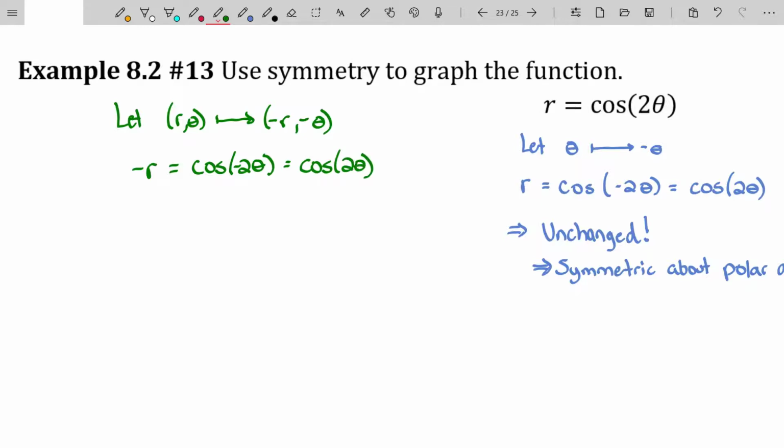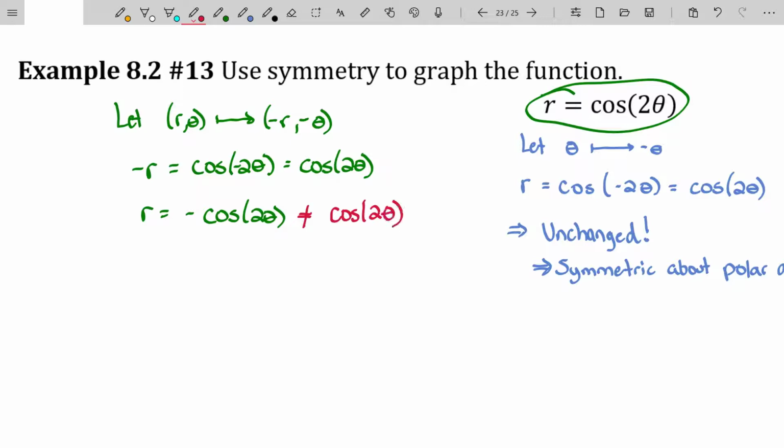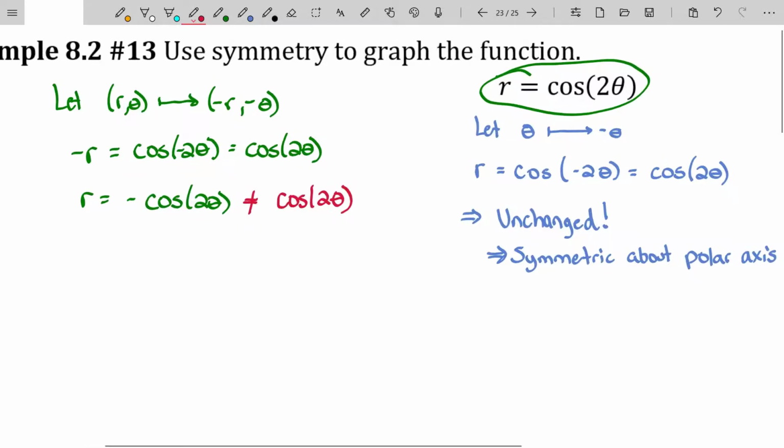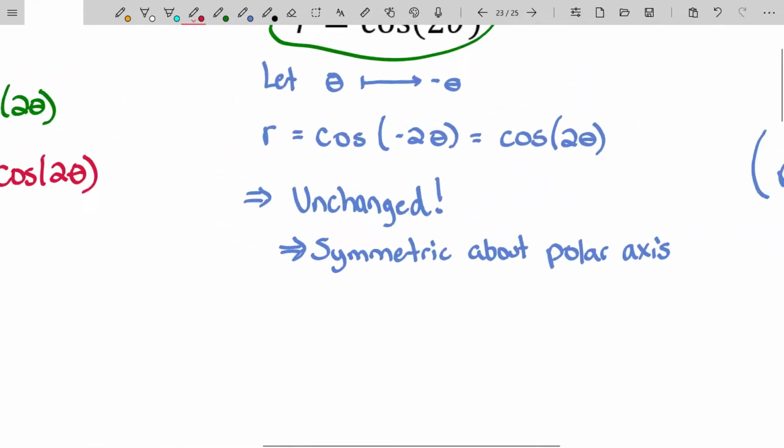Then you would multiply both sides by a negative because you want r is equal to, but you would get r is equal to negative cosine of 2 theta, which is not equal to cosine of 2 theta. Well, we can't say it's not symmetric about the line theta equals pi over 2. We just can't apply that theorem. So this says nothing. We can't assume it's symmetric about the line theta equals pi over 2, but we definitely can assume it's symmetric about the polar axis.